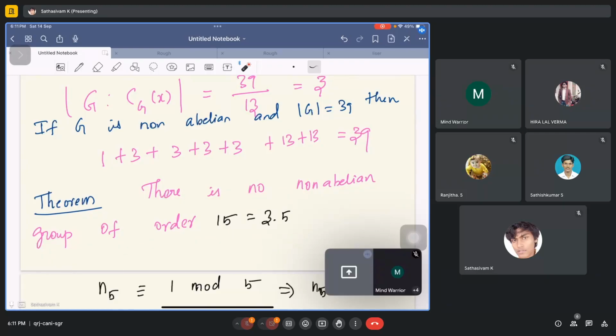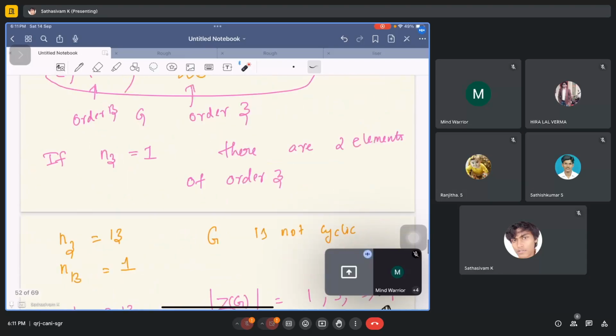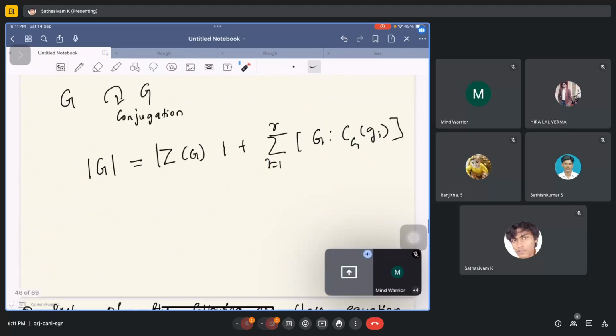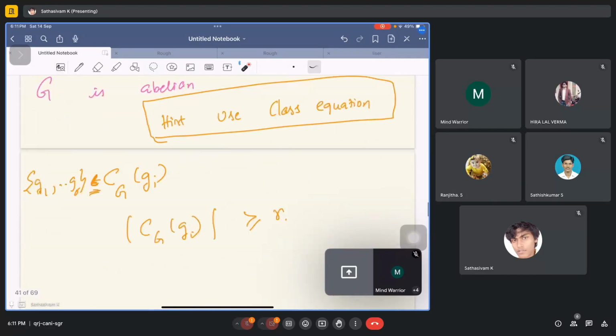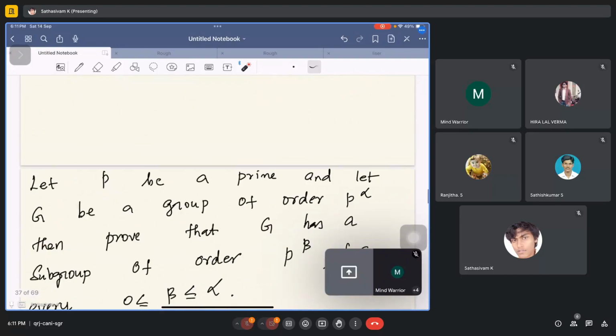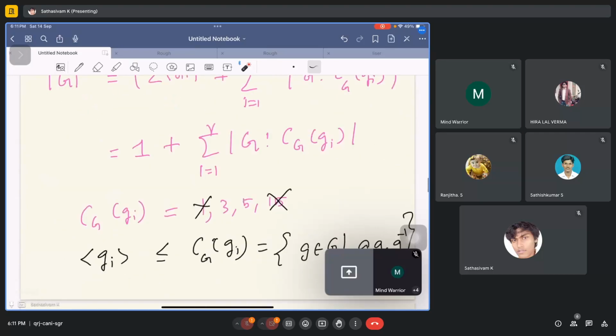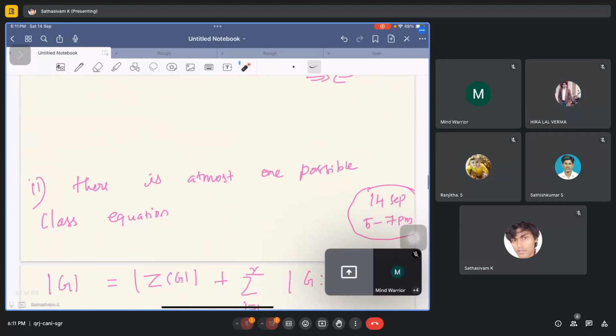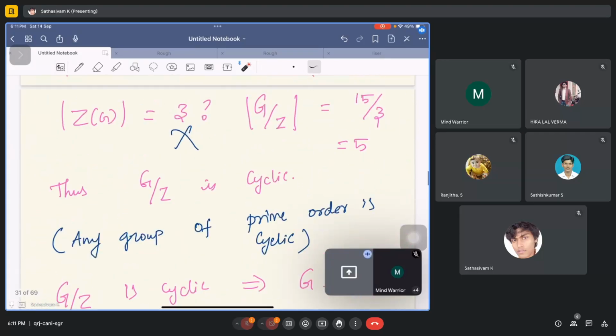Last time, if you remember the last tutorial, we computed some classification for order 15. We said that if the classification exists, then we gave one possible classification. I can directly show it here if you want. Give me a minute. Yeah, so this is a group of order 15.